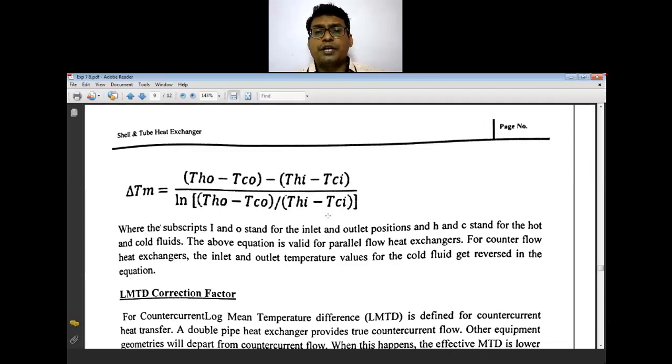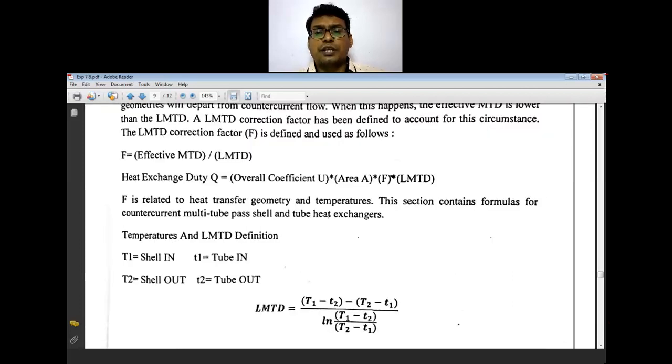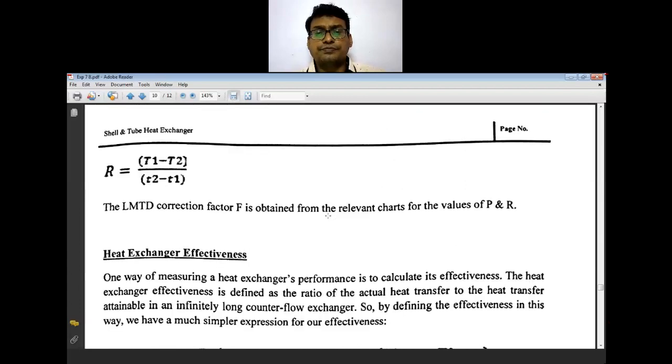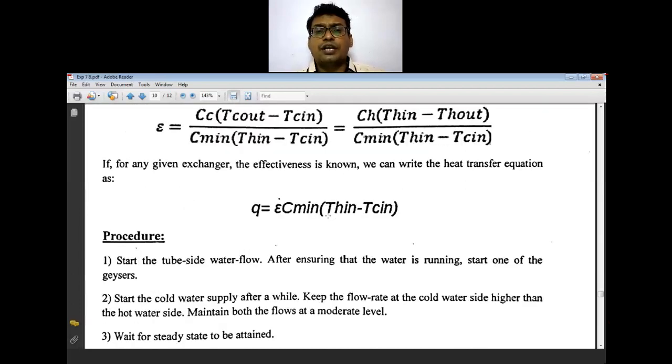This is the log mean temperature difference, the LMTD, that is to be calculated. Then for heat exchange effectiveness, this formula uses Cc, the heat capacity of the cold fluid, and C minimum, the heat capacity of either the cold fluid or the hot fluid, whichever is smaller, mCp.